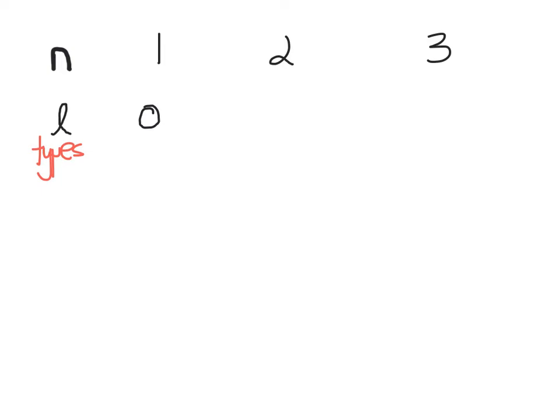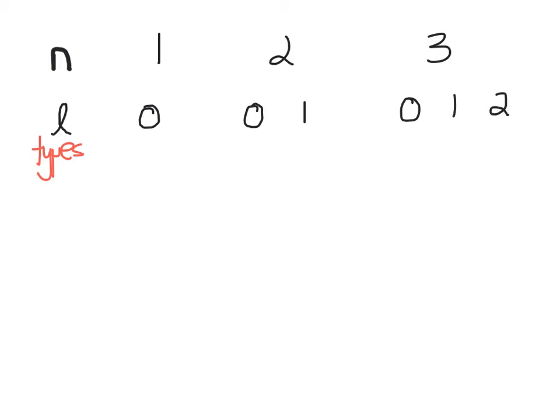If n is 2, L can be 0 and 1, because n minus 1, 2 minus 1, is 1. If n is 3, if the principal quantum number is 3, L can be 0, 1, or 2.